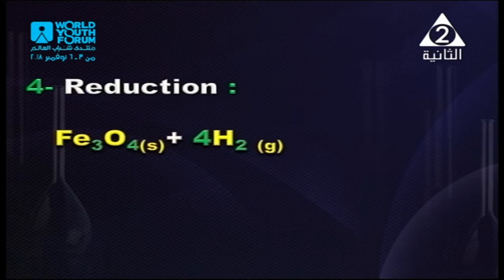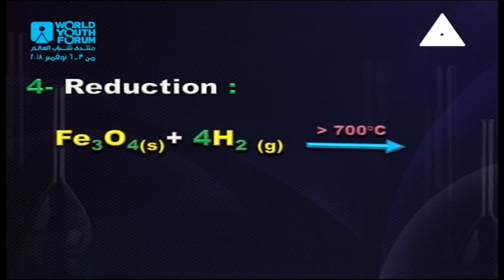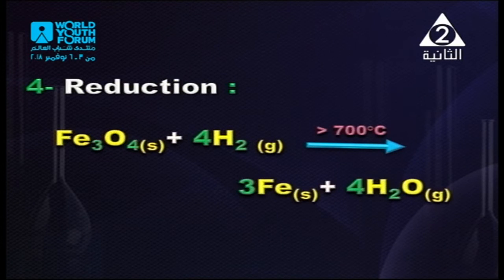Here, my dear student, if we use hydrogen gas for the reduction above 700 degrees Celsius, it gives iron and water. So the reaction here gives iron as the reduction takes place for magnetic iron oxide.